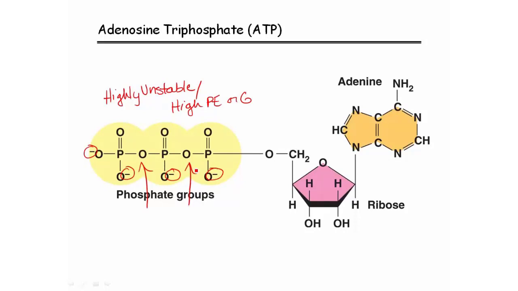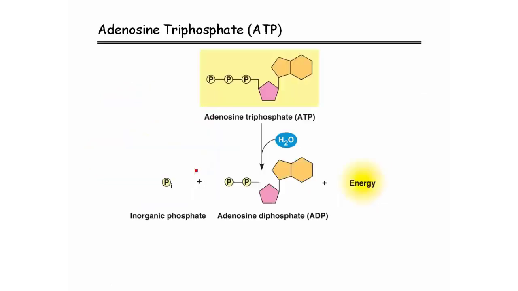If we were to cut some of those bonds between the phosphate groups, that would enable the negative charges to spread out some. And if they spread out some, then we would end up with a more stable molecule than we had before. So if we look at an example of this, the reaction that you're seeing right here is cutting with water. So this is a hydrolysis reaction.